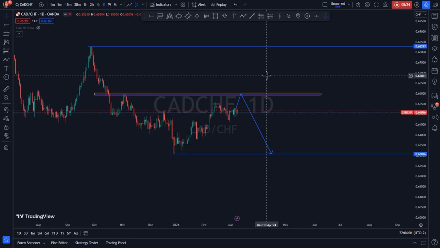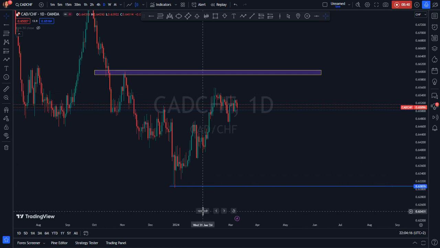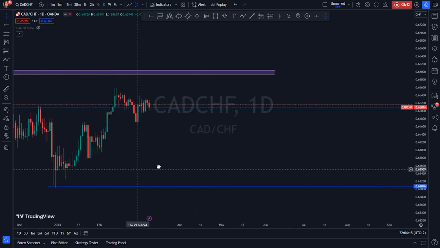I always emphasize that you do not just draw a trend line anyhow. You only draw it on the structure that is in a correction phase. Then you would benefit from that, because now you will be targeting the impulsive phase. But if you draw it anyhow, then you're going to have a problem.